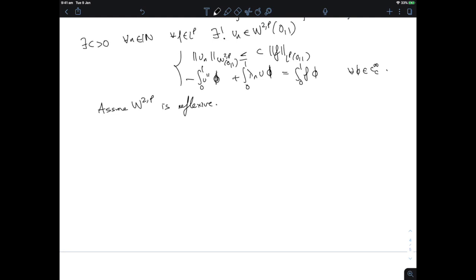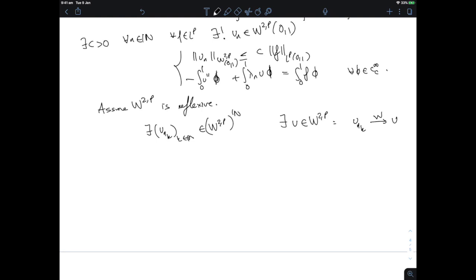Okay, then there exists a subsequence u_nk in W2P, and there exists a u in W2P such that u_nk converges weakly to u. And that comes out of the boundedness of the sequence un and the reflexivity of W2P.